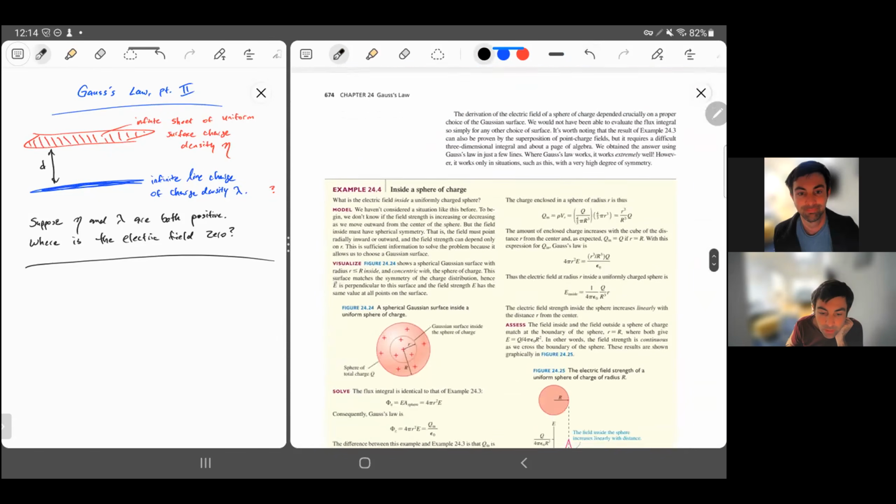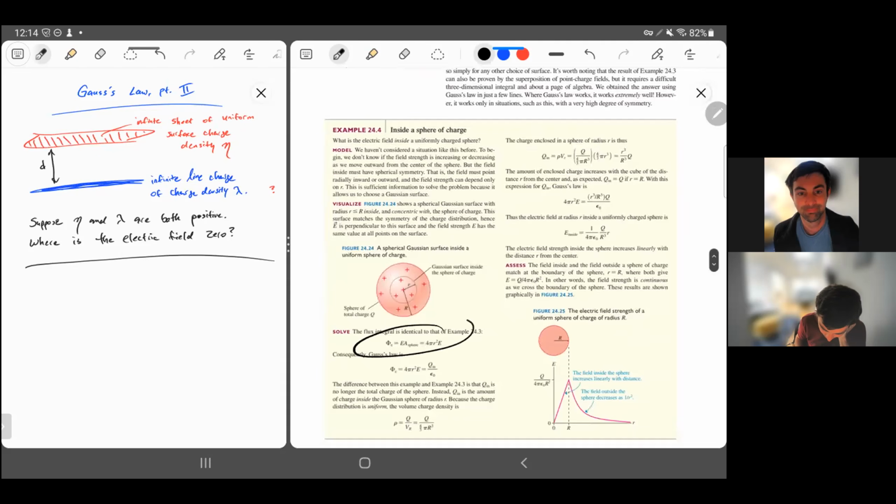So that's this step right here, 4 pi lowercase r squared E. But in this example, the right-hand side is a little bit more complicated. If our Gaussian surface, which has radius lowercase r, is inside the whole sphere of charge, radius capital R, then the enclosed charge is some fraction of the total charge of the sphere. What fraction? Well, it turns out it's lowercase r cubed divided by capital R cubed times the total charge. So it's the ratio of the two volumes.